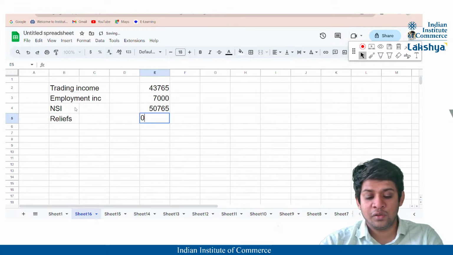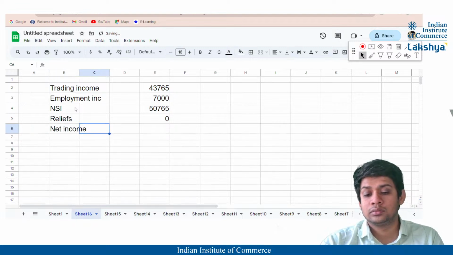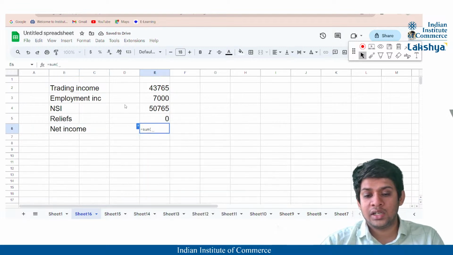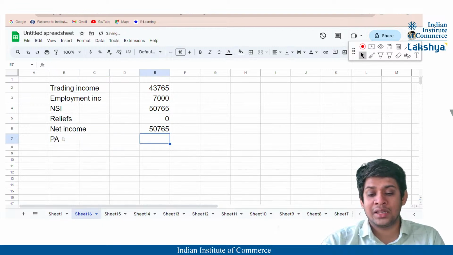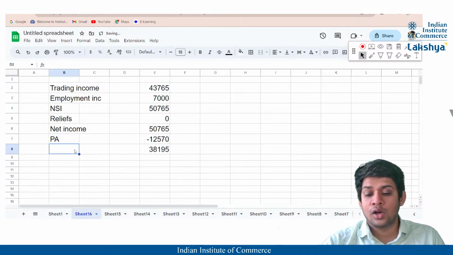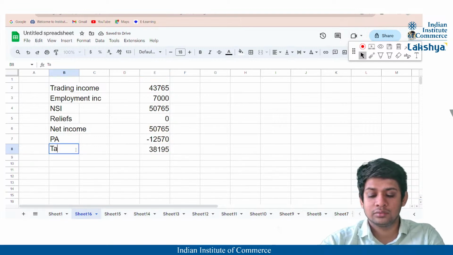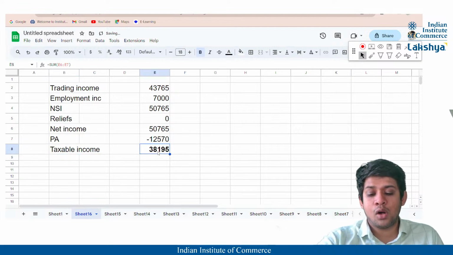But there is no relief information available here, so that is 0. So you will get your net income. From this amount, you will deduct the personal allowance of 12,570, which will give you a taxable income of 38,195. On this income, you are going to compute the tax liability.